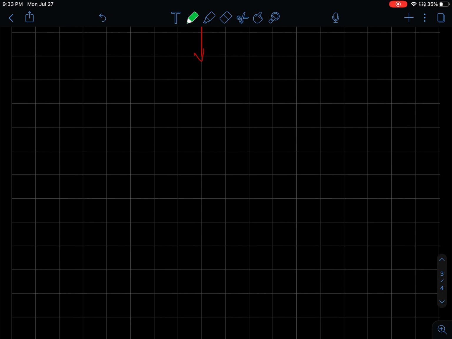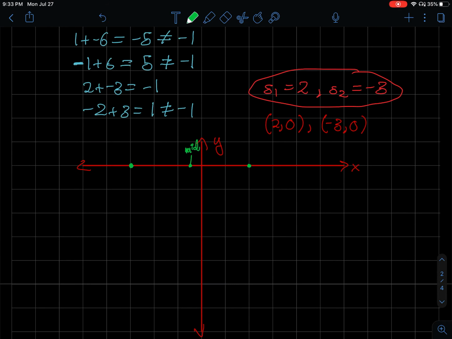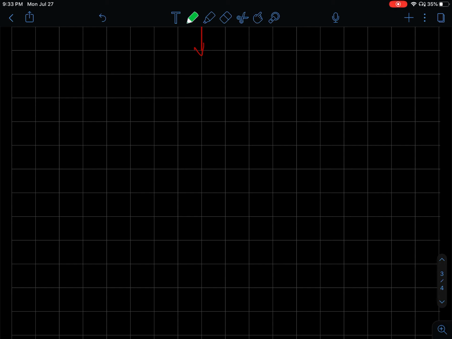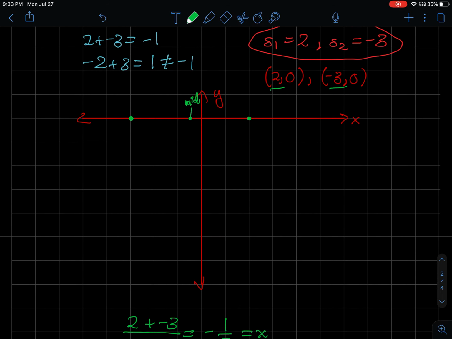And to find the x-coordinate, we simply take the average of these two, which is just like taking two numbers and taking their mean, the sum of them divided by 2. That gives us 2 plus negative 3 over 2, or negative 1/2. And that's the x-coordinate. So this point is (negative 1/2, 0).